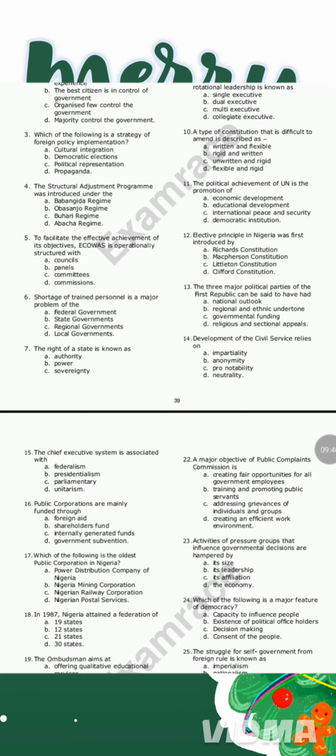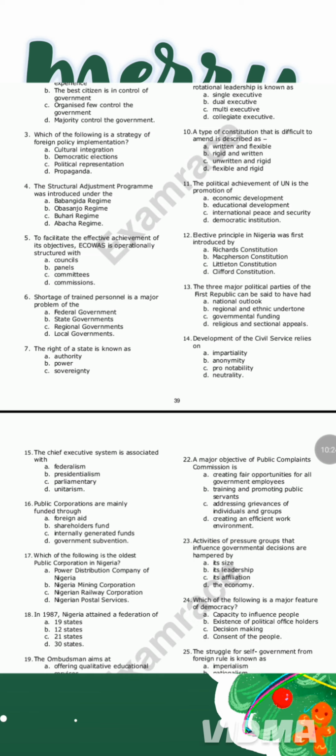Now, in 1967, we saw the first set of states being created by Gowon. There were 12. Then later, it increased to 19 because the government of Murtala Muhammad created extra 7, making it 19. All right. Then as at 1987, we saw the government of Ibrahim Badamasi Babangida creating additional states.